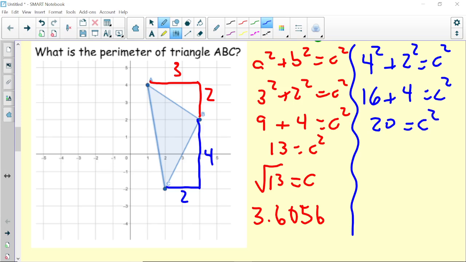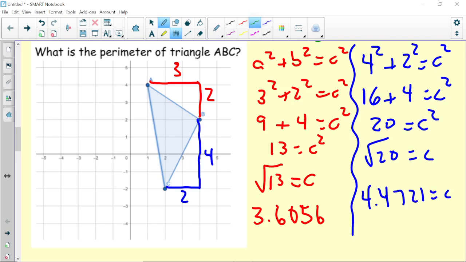And we need to square root that. So the square root of 20 is going to be the length of that side. And we'll again get a decimal that we're going to round to 4 decimal places to be safe. 4.4721.